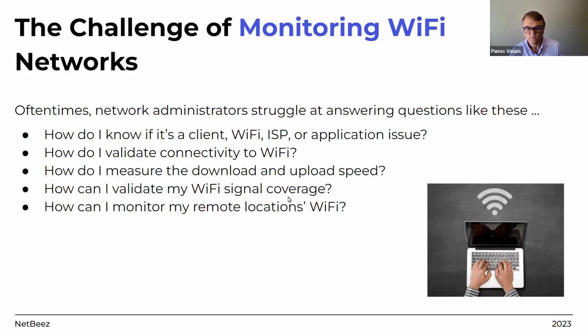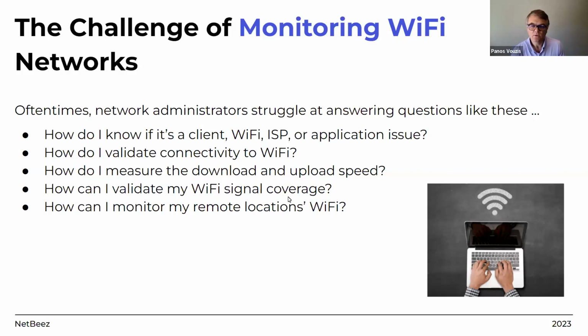Of course, we may be managing a network, as typically our customers do, that has many remote branches. They can be campuses from a university, bank branches, clinics. We want to make sure that at each one of these locations, Wi-Fi is up and running.